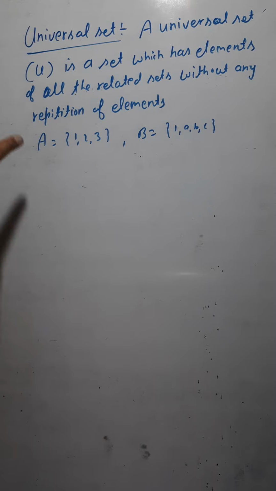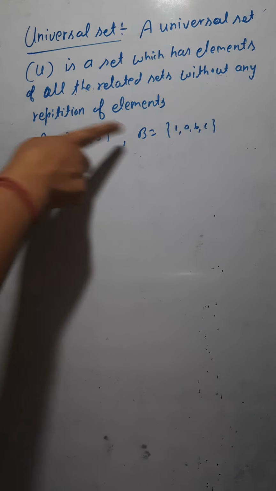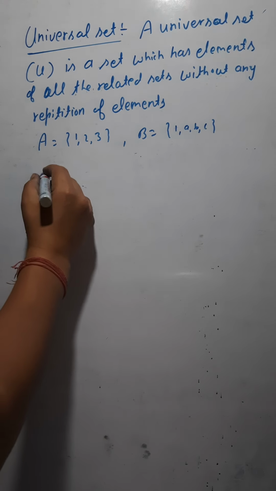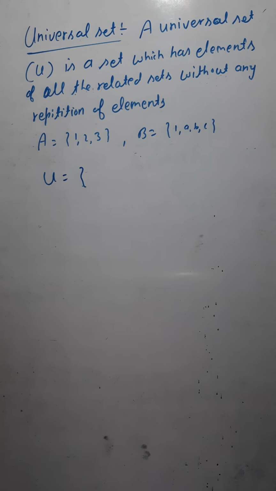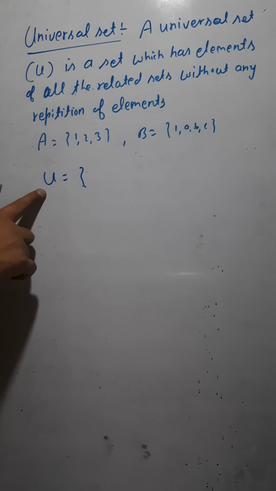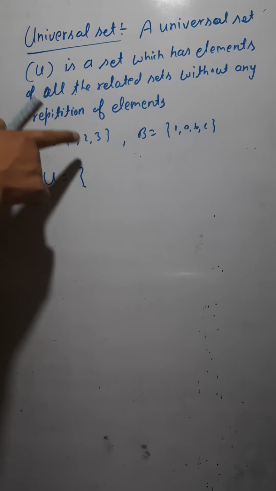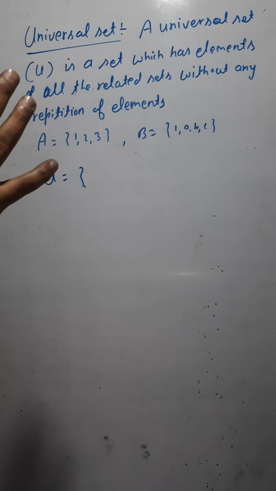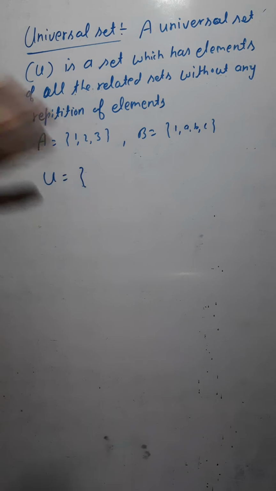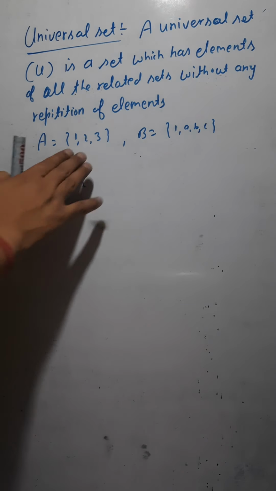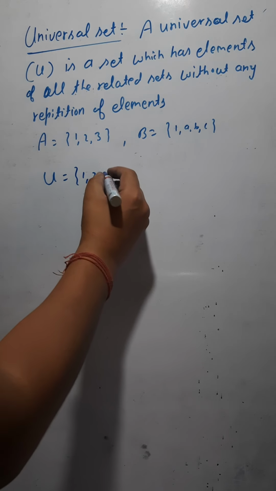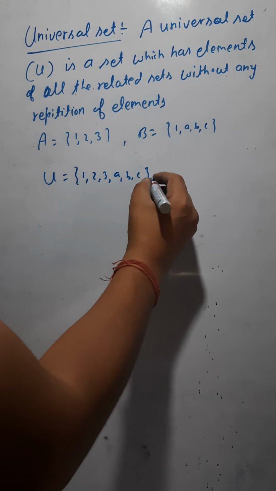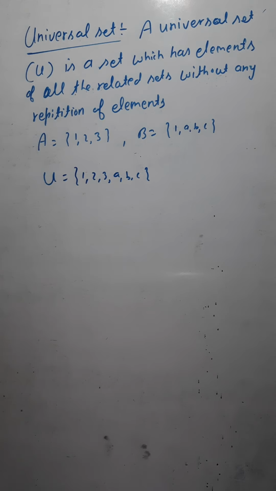Let's say we have two sets, A and B. The universal set of A and B would have all the elements of A and B without repetition. Because one has been repeated, I would write it only once. So I would write the elements 1, 2, 3, then a, b, c. This is the universal set of A and B.